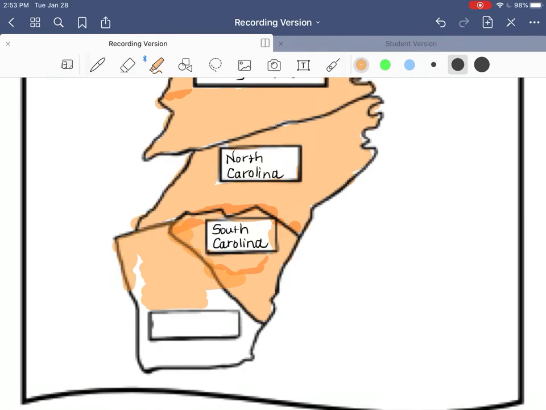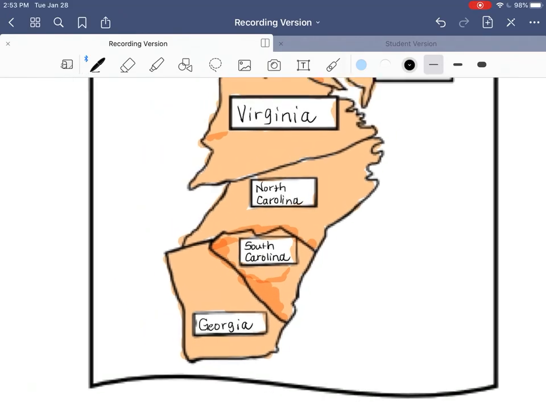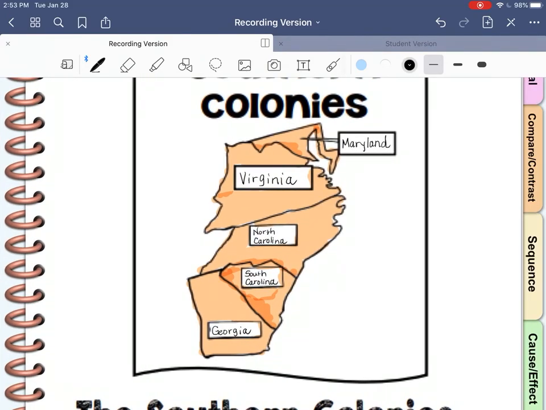This colony was not founded for religious freedom. As you move south, the reasons for founding changed a little bit. This one was more related to money. This one is Georgia, named for King George. So those are your southern colonies.